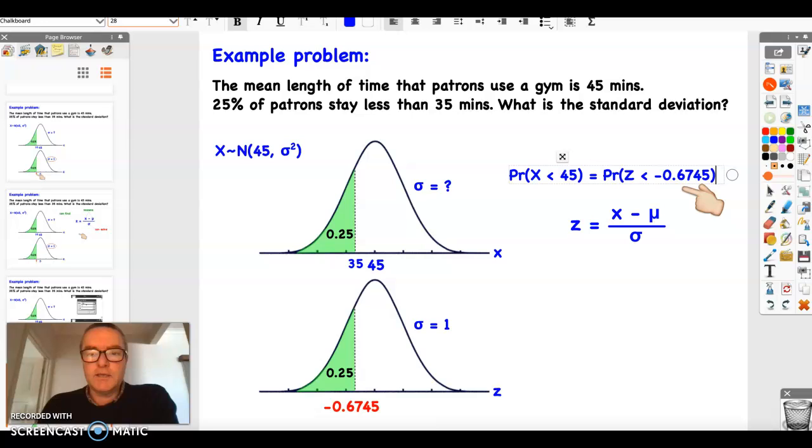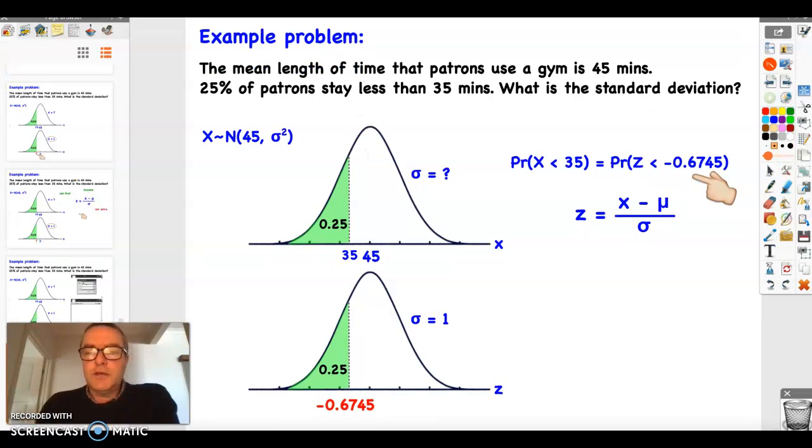The probability that X is less than 35 is the probability that Z is less than negative 0.6745. Remember that another way of saying this is that 35 is roughly negative 0.67 standard deviations away from the mean, negative because it's below the mean.